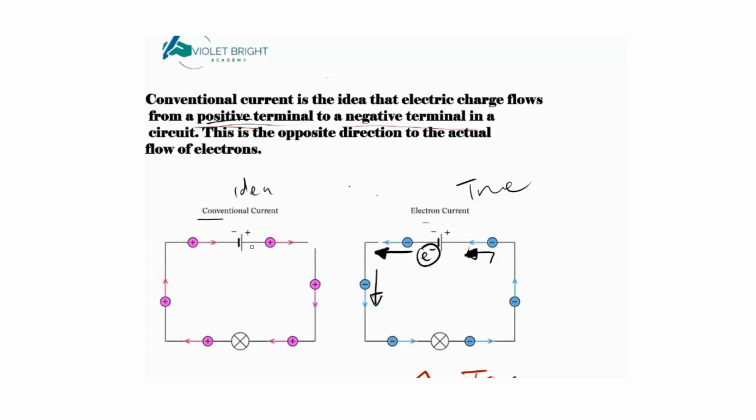It's basically the electrons from this terminal that will move, and the ones that are here are stationary. It's more or less like that. Hence why I explained this first: conventional current and the electron current, the true electron current, not the idea of conventional current.